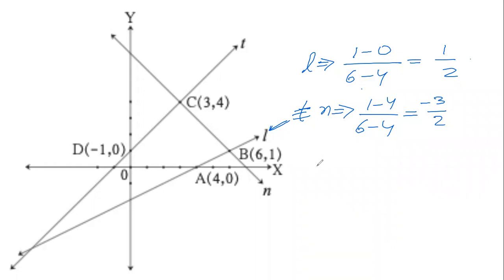Let us try another line, which is the line T. Who will tell me now? Yes, Chanda, go ahead. 3 minus minus 1? No, once again wrong, Chanda, sorry.